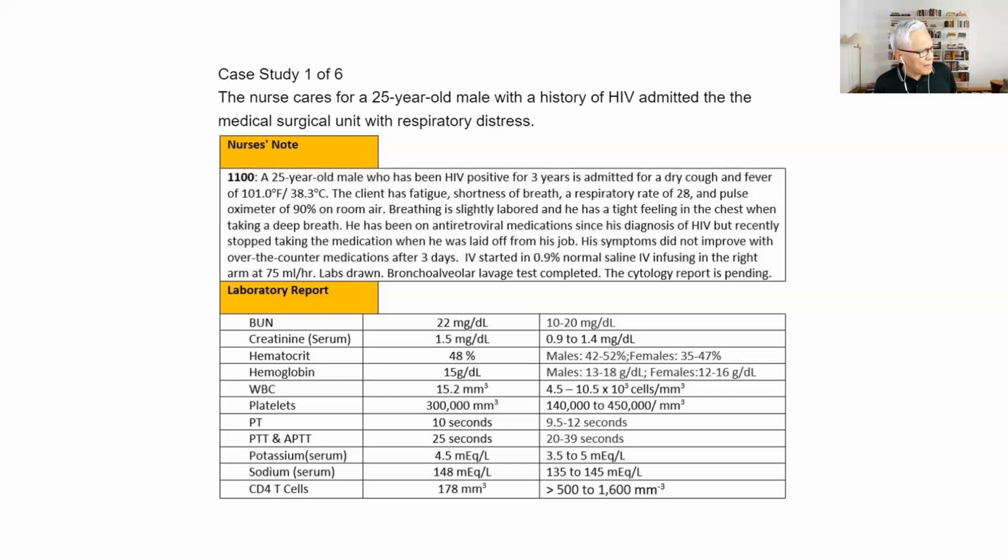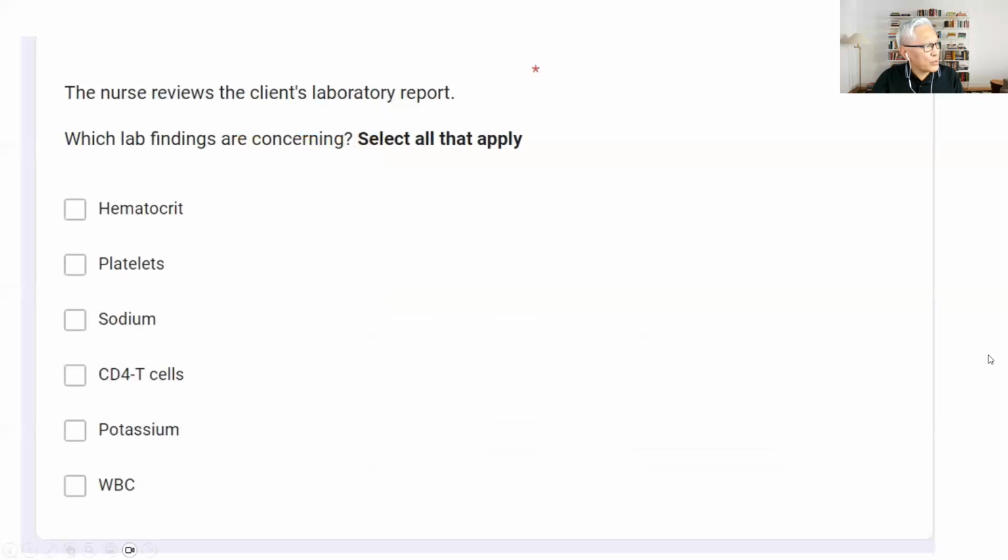Platelets okay, PT okay, PTT okay, potassium okay, sodium okay, and CD4 is 178. This is less than 200. Boy, oh boy. So the nurse reviews the client's laboratory report.